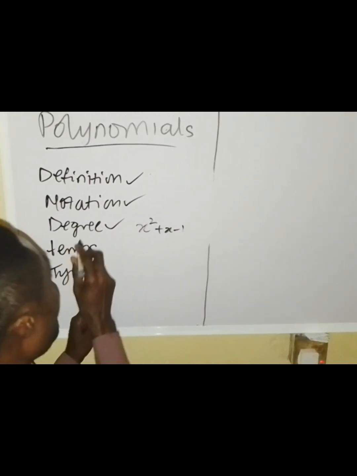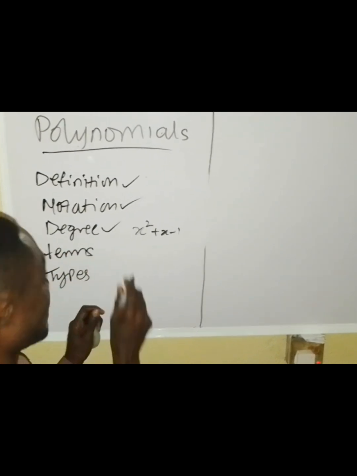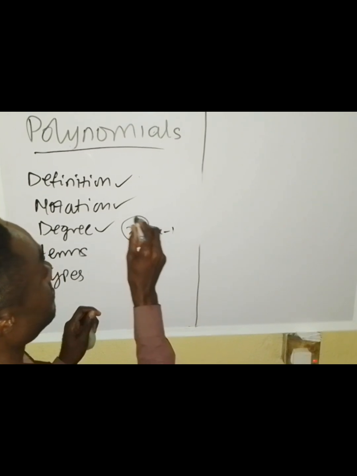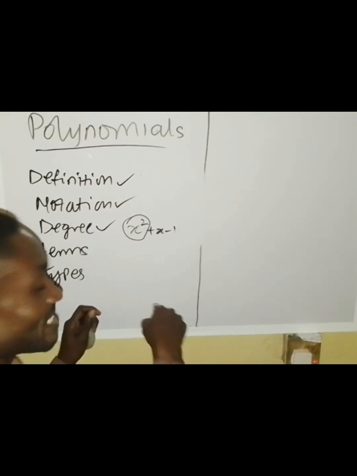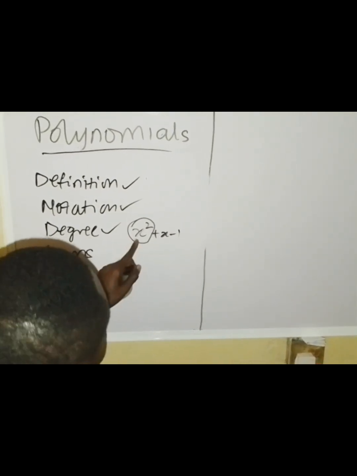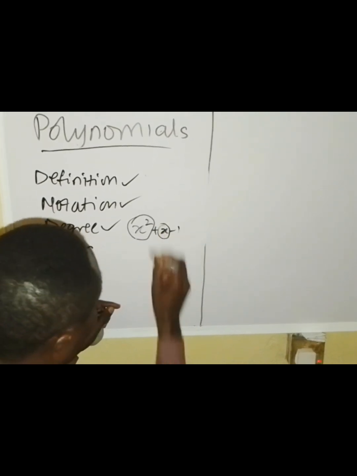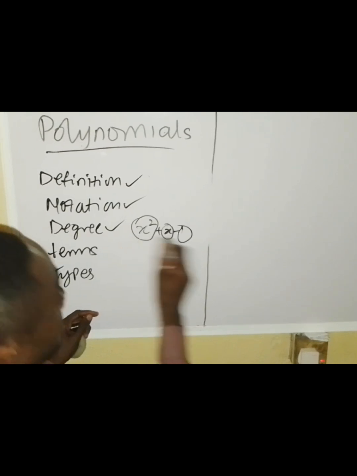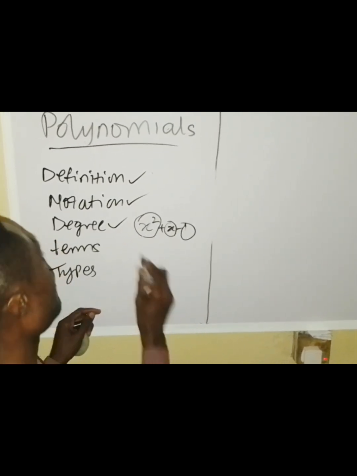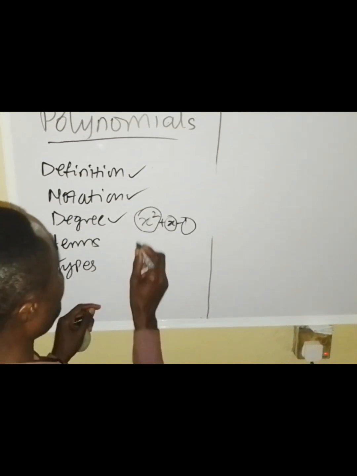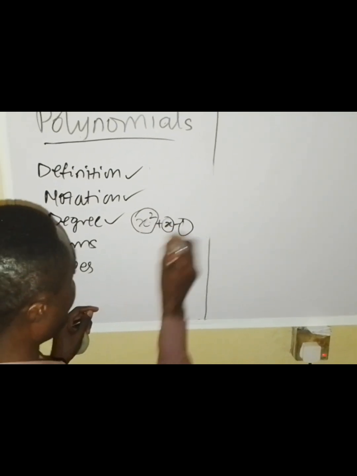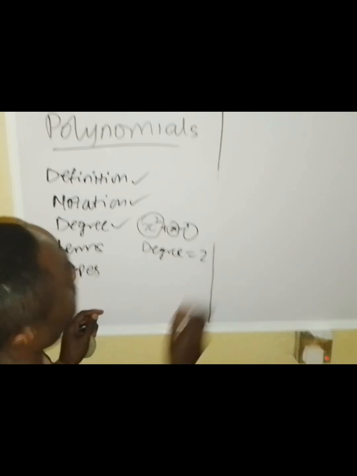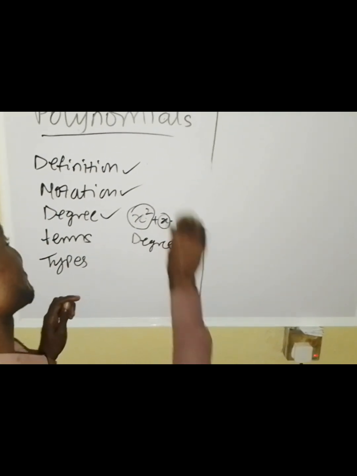So this is a monomial expression, this is another monomial expression, and this is another. The highest power in the whole of this expression is what we call degree. If you are asked to find the degree of this expression, degree is equal to what? 2. It is the highest exponent.